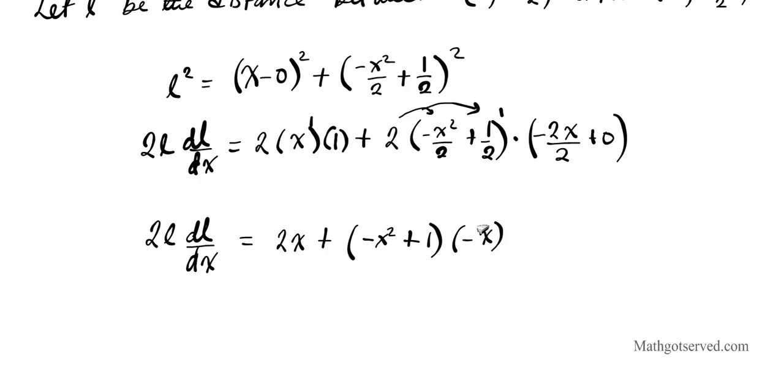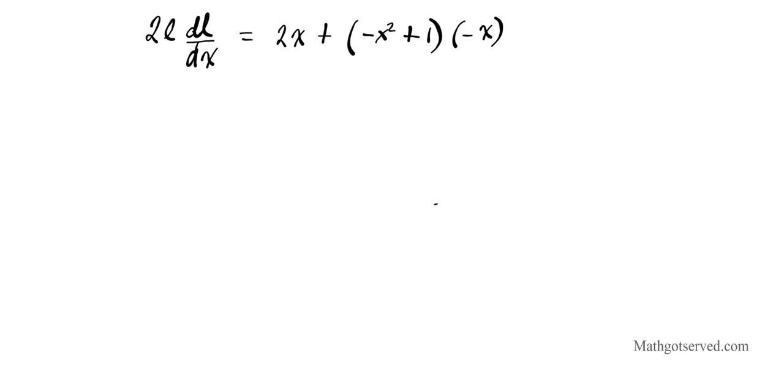Let's distribute this negative x to these two terms. So we have 2L dL/dx equals 2x, and if I distribute that, plus x cubed minus x. I want to find where the derivative changes, so let's isolate the derivative. To do that, we got to get dL/dx by itself, so divide both sides by 2L.